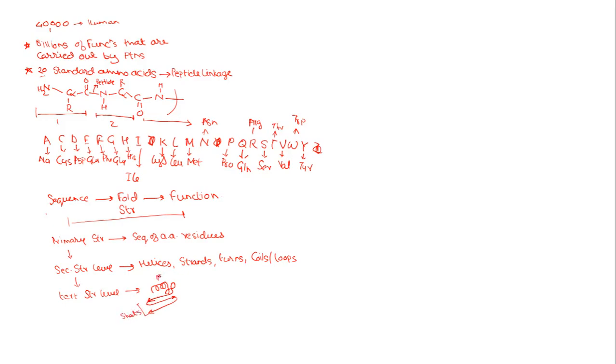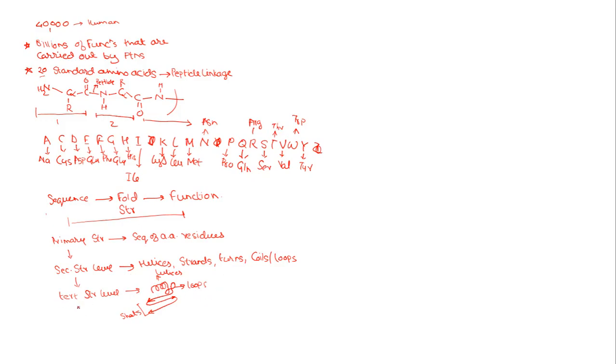These are helices, these are loops. So when these secondary structural elements fold upon each other in three dimensions, they form the tertiary structural level.